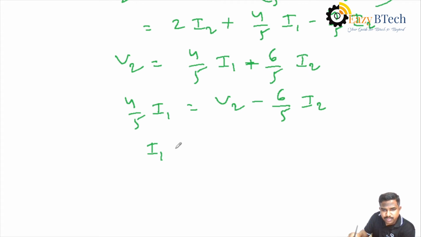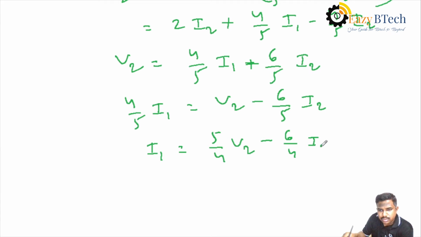Therefore, I1 equals 5 by 4 V2 minus 6 by 4 I2. Then we can simplify to 3 by 2. Therefore, I1 equals 5 by 4 V2 minus 3 by 2 I2.